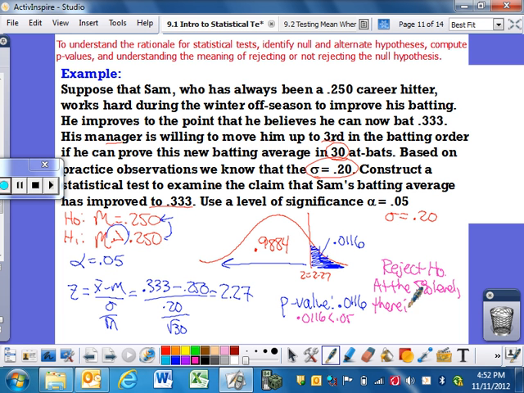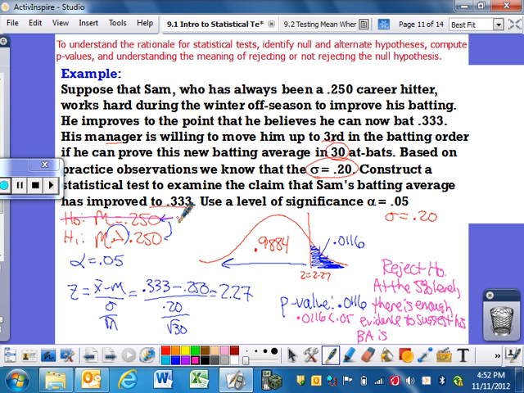there is enough evidence to suggest his batting average is... Now, what did the alternate hypothesis say? We are rejecting that he has an average of 250.